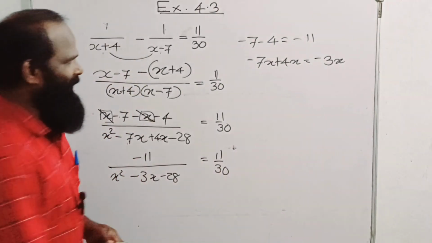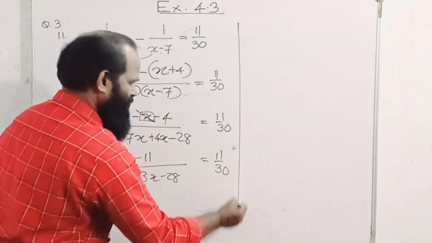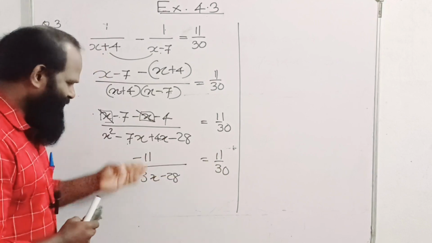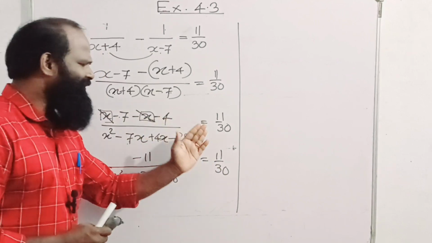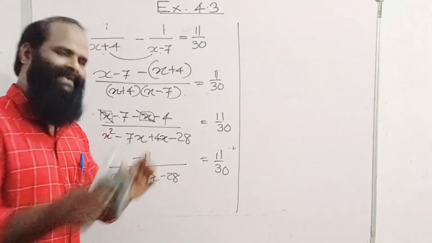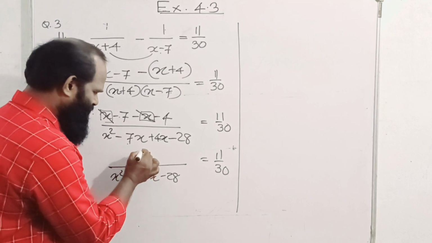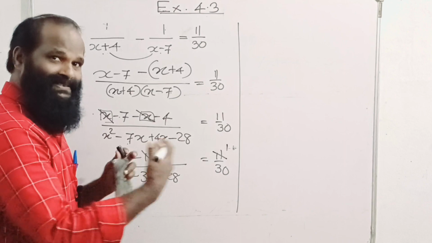And one thing can be done up here in the numerator. If you just take note of the numerators, you see this is 11, this is also 11. If the numerators are same on either side, you can cancel them. This is how we cancelled. There are 11s on the same side.